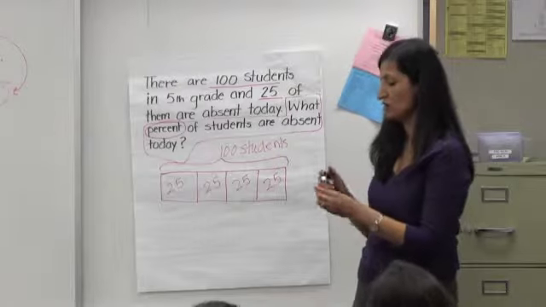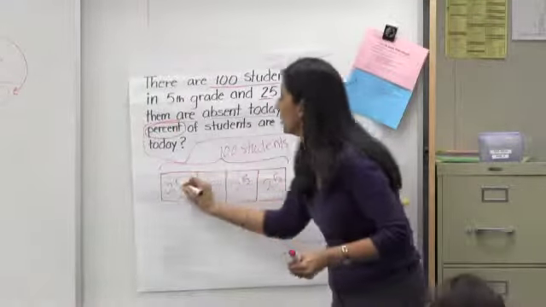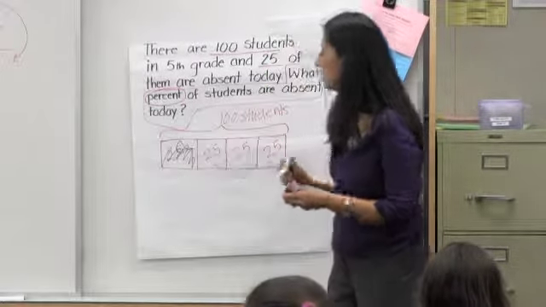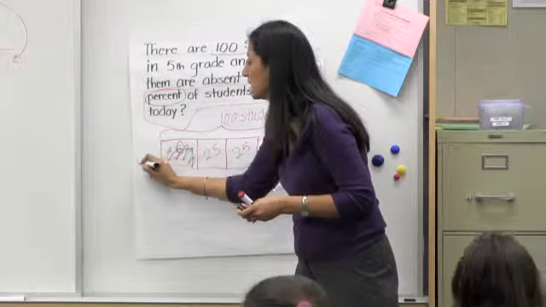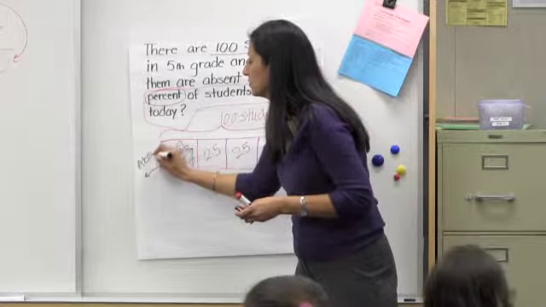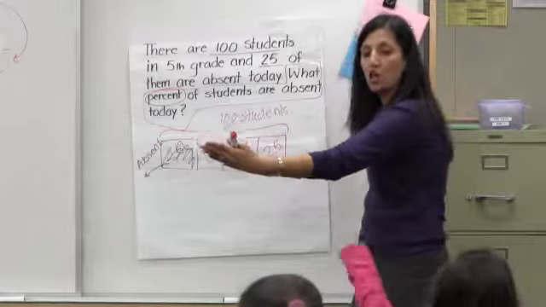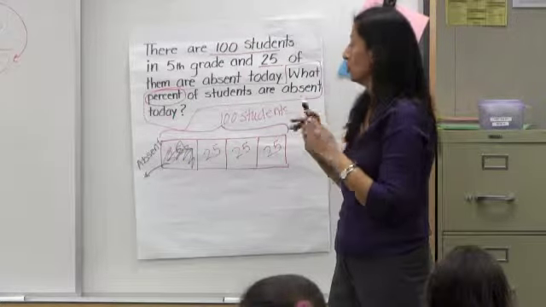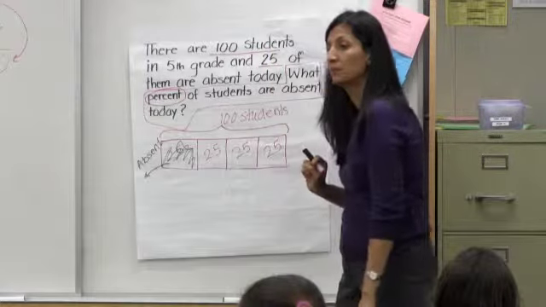But how many of them are absent? 25. So I am going to shade this part out because this tells me this group of students here is absent. So what is my whole? What is my total number? Kevin? 75. No, those are the ones that are present. But how many do I have in all? 100.